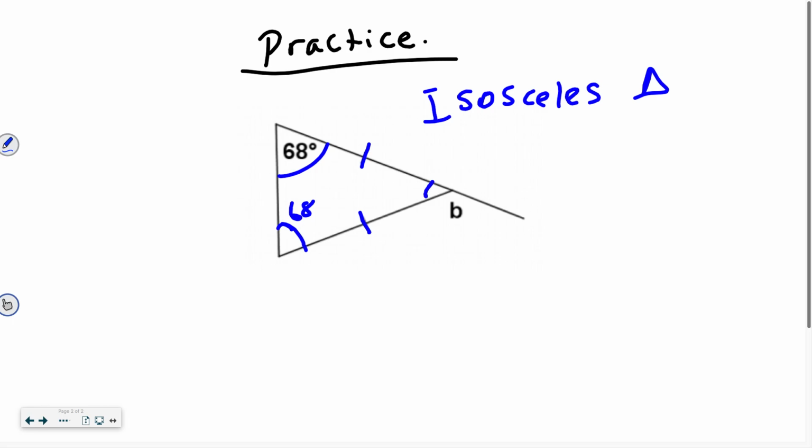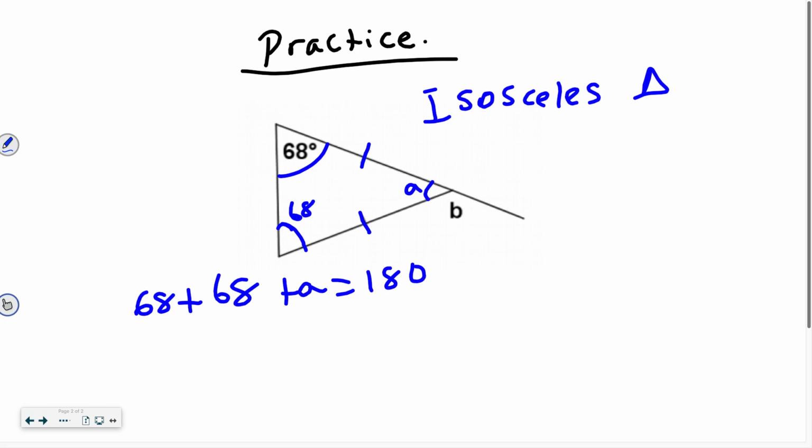Okay, well, since I know that all three angles of a triangle add up to 180, let's call this angle here A. I know that 68 plus 68 plus angle A is equal to 180 degrees, right? And so when we do this, we say, okay, well, what is 68 plus 68?